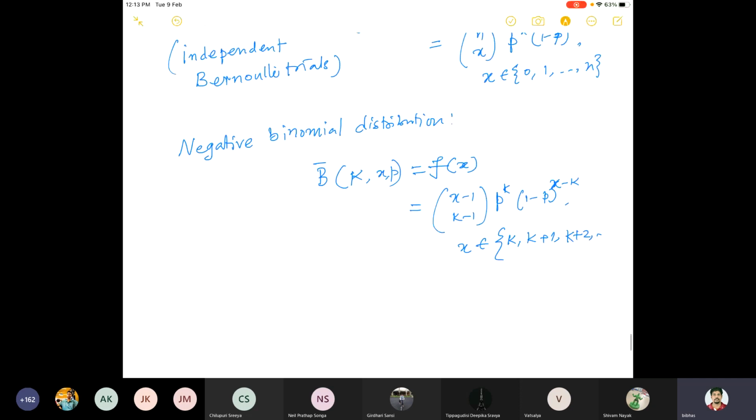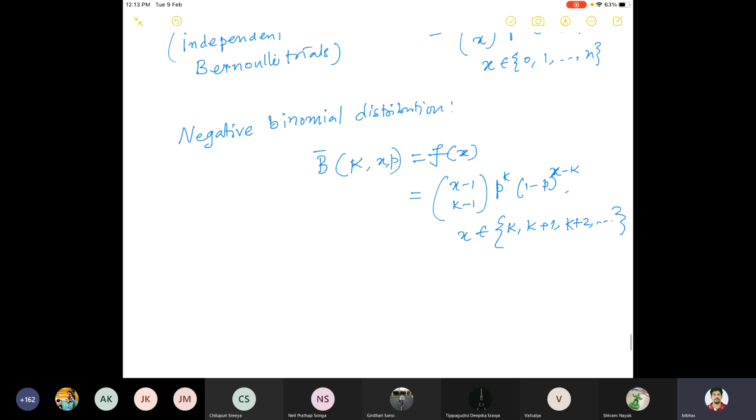So essentially, we said this is the probability that you will have the kth success in the xth trial, where p is the probability of success. This distribution is sometimes also called the Pascal distribution.